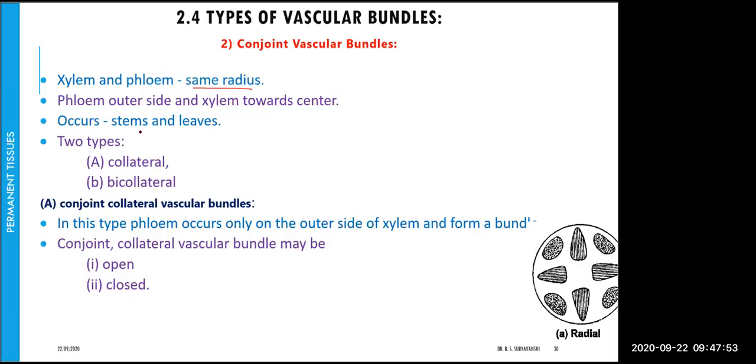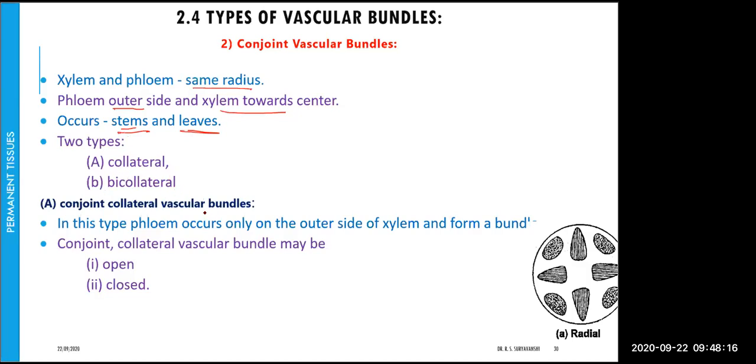Phloem is situated towards the outer side and xylem towards the center or the inner side. This type of vascular bundle occurs in stem and leaves. In both the cases, stem as well as leaves, this type of vascular bundle is found, but not in the roots.